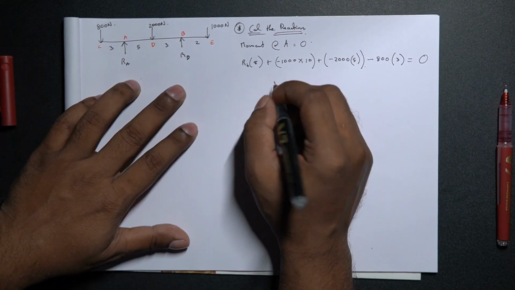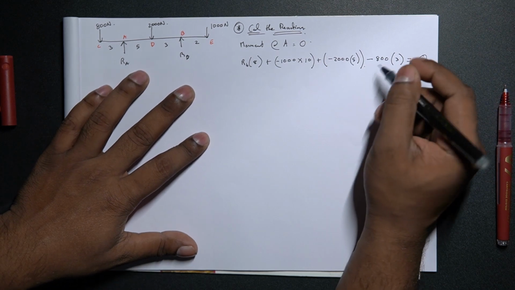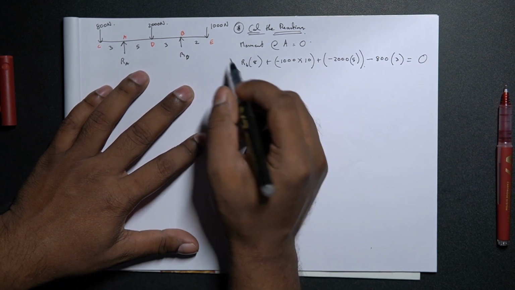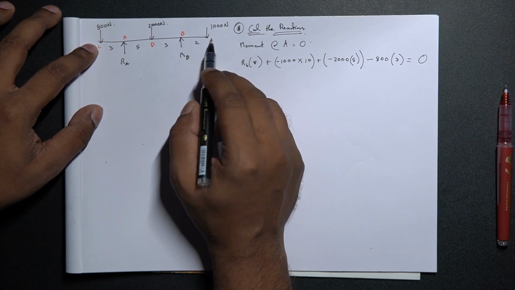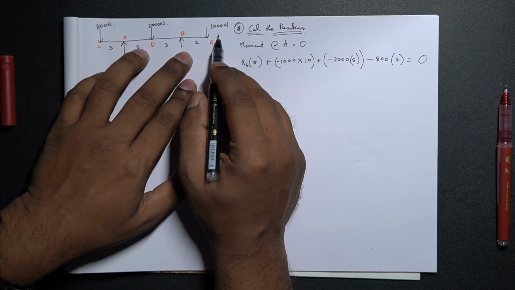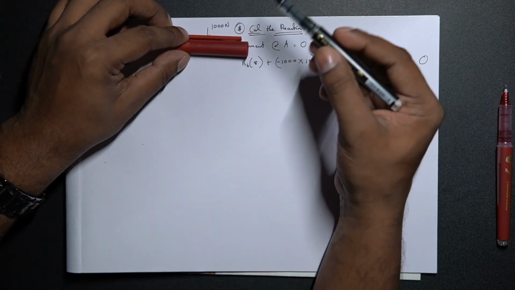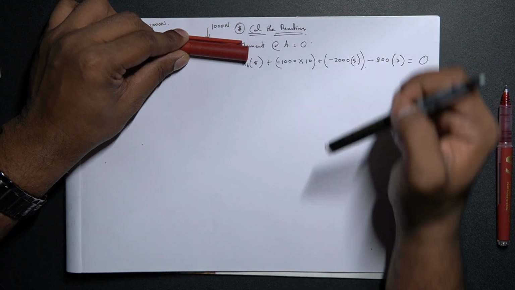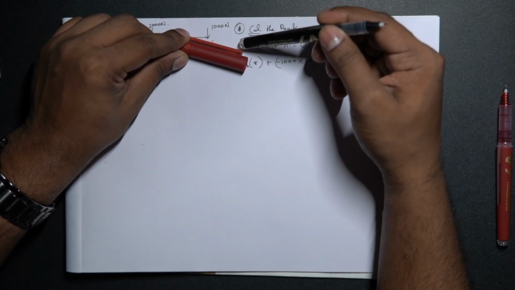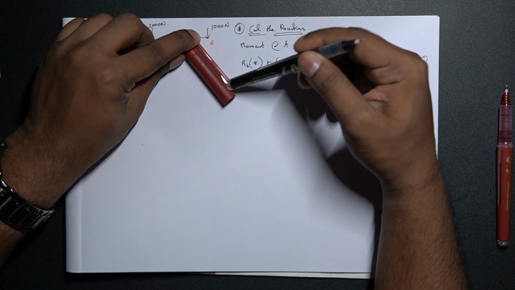Here's something a little different that we have to do. When we are considering the forces on the overhang portion, let's just say this is the overhang part and this is the load of 1000 newtons acting. When a force of 1000 newtons is acting at this particular point, it is turning the entire beam in a clockwise direction.